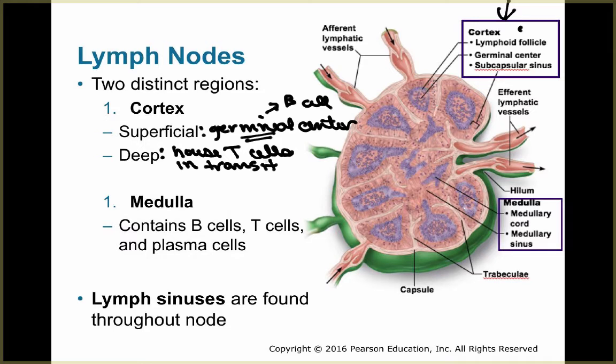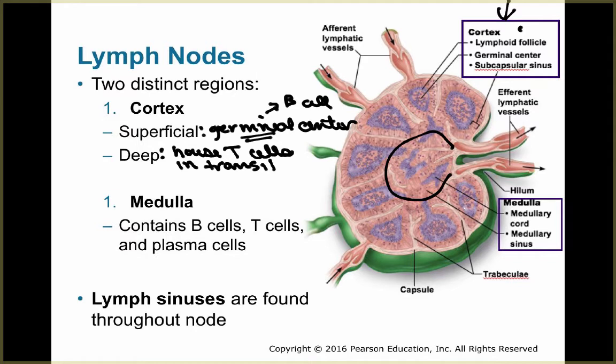Now, if you're looking, the capsule is towards the outside here, and what emanates from the capsule are these trabeculae that will separate these small pyramids that you see within. Now, you can see the center area here, which is known as the medulla.